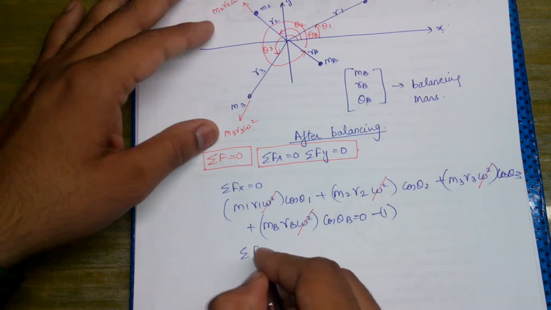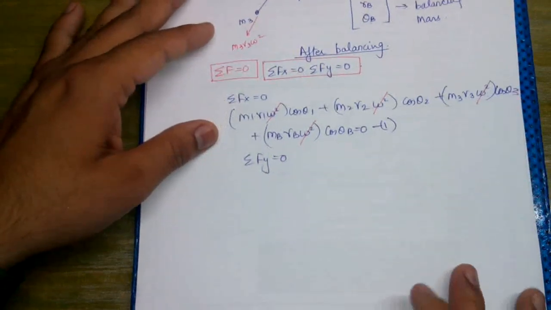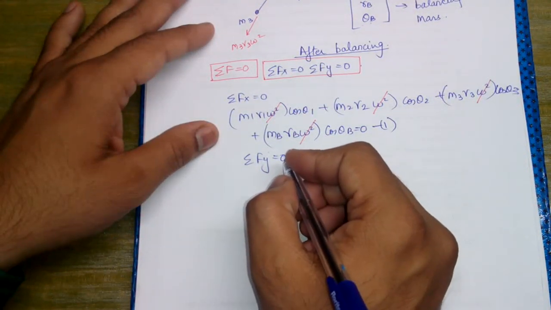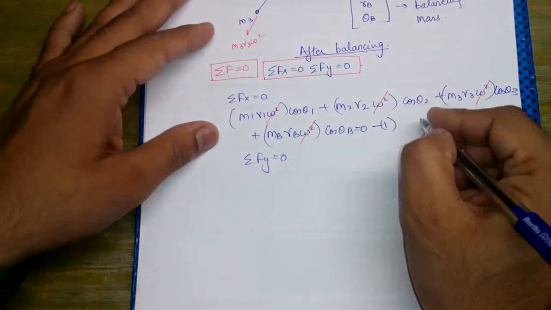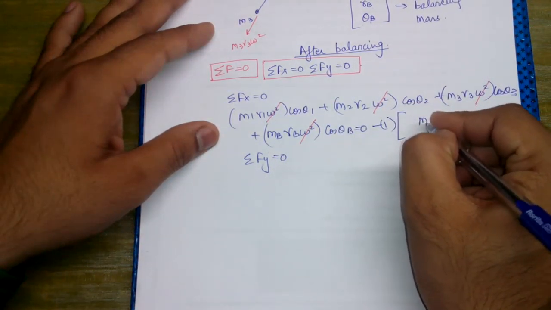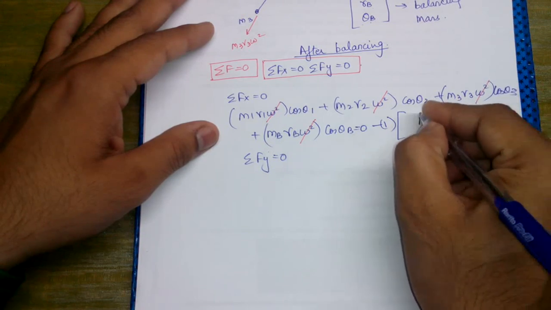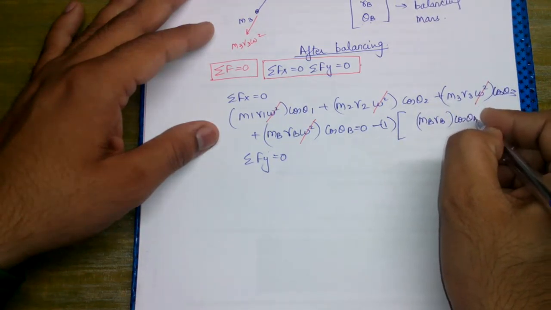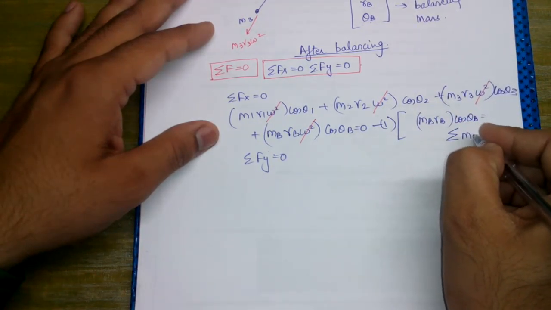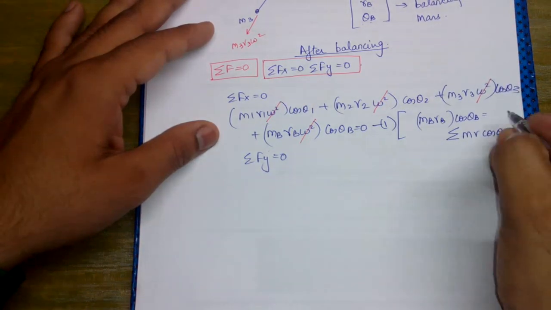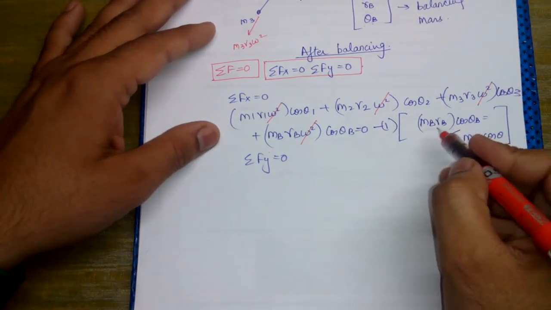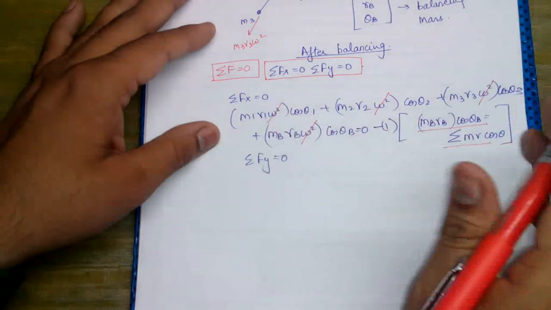In short, this equation can be written as mb rb cos theta b is equal to minus summation mr cos theta. So this is the summary of all these equations.